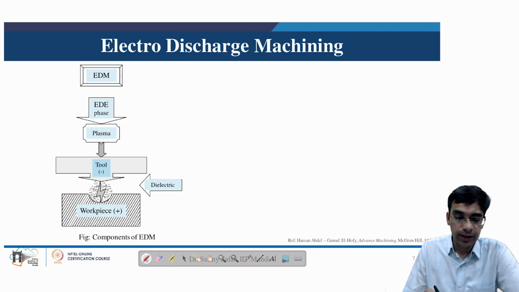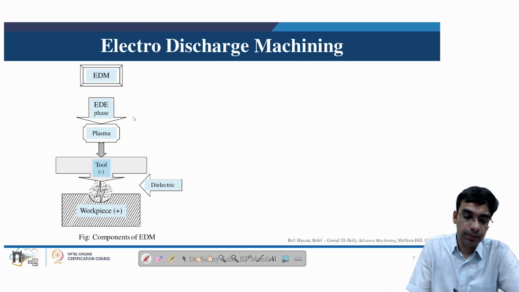So in the electric discharge machining, because of the relaxation circuit, there are several sparks which are produced between the tool workpiece gap, and the sparks basically are the microplasmas which interact with the workpiece, because of which material is subsequently removed. So in the electric discharge machining, we have the plasma phase which is generated.